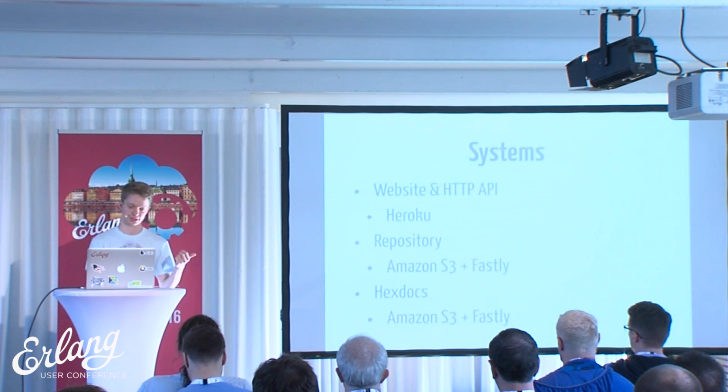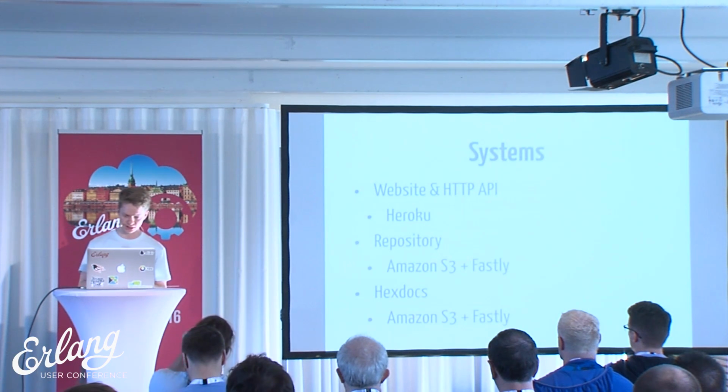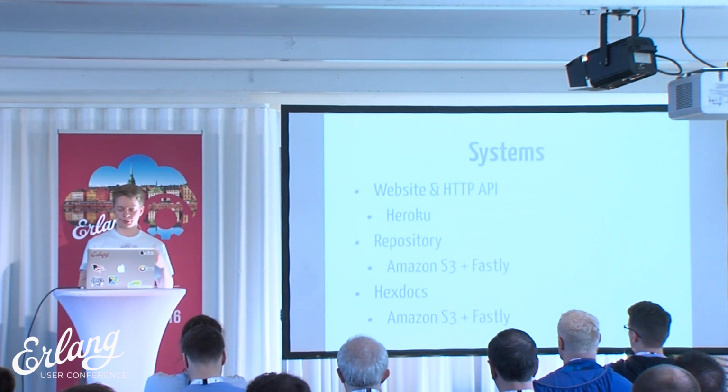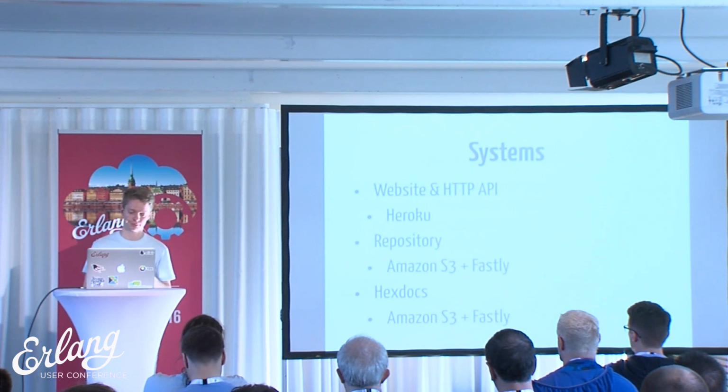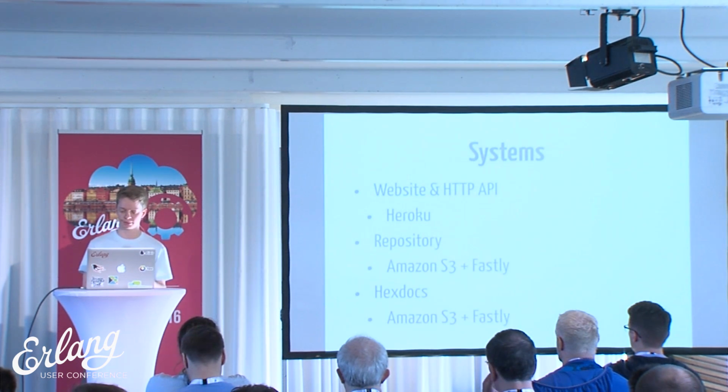But HexPM also has a website, and it has Hex Docs, which is for hosting documentation. And the website and HTTP API runs on Heroku. The repository and Hex Docs are just static file hosting, so we have them on Amazon S3. And they go through Fastly for content delivery, which are very kind of sponsoring for us.